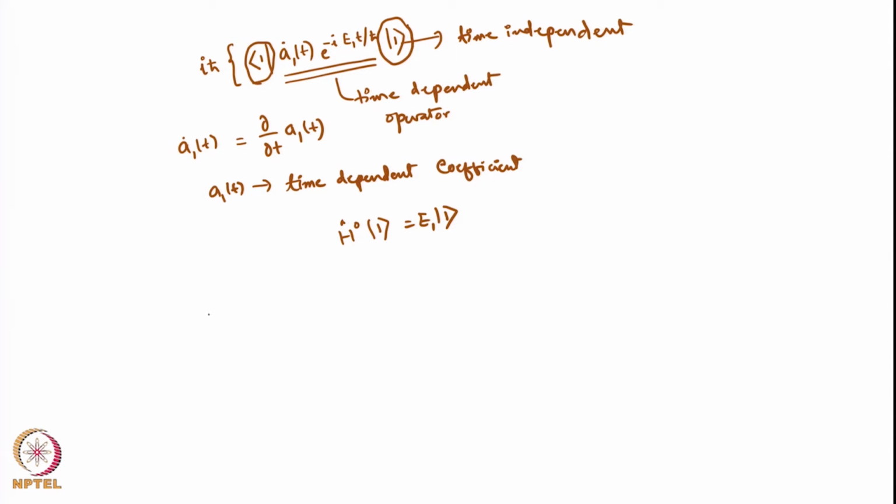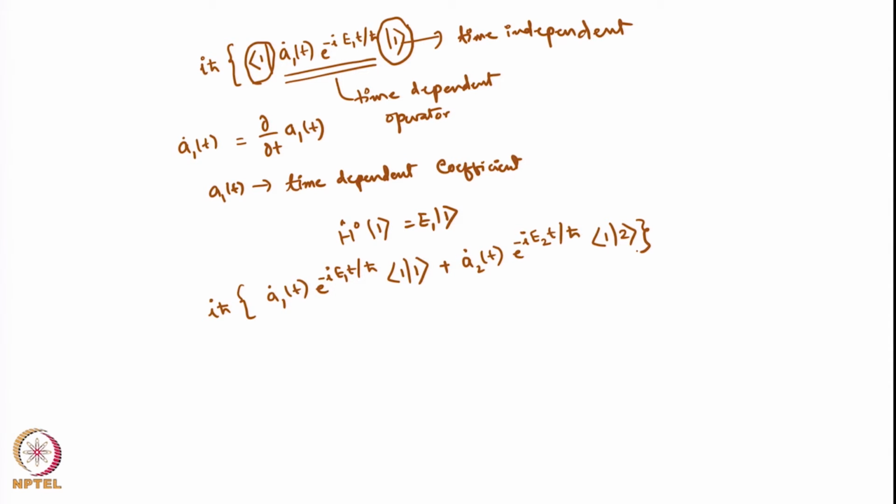So, the left hand side will have i h bar A1 dot of t e to the power of minus i E1 t by h bar integral psi 1 star psi 1. And the second term, which I have not written here, but by analogy one can write it as A2 dot of t e to the power of minus i E2 t by h bar integral psi 1 star psi 2. So, that will be your left hand side.